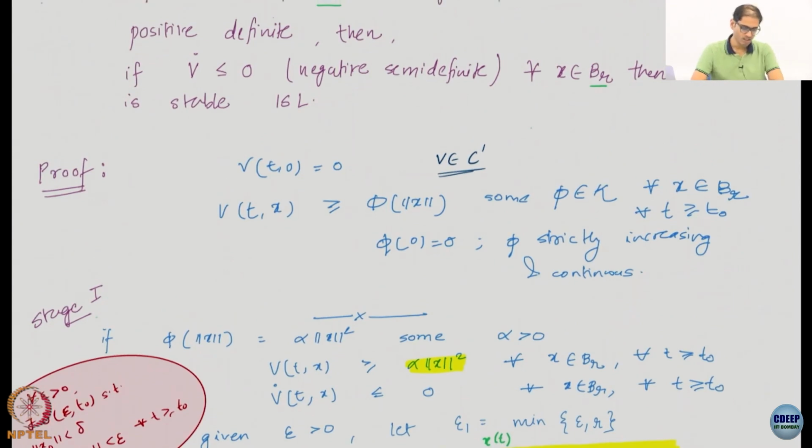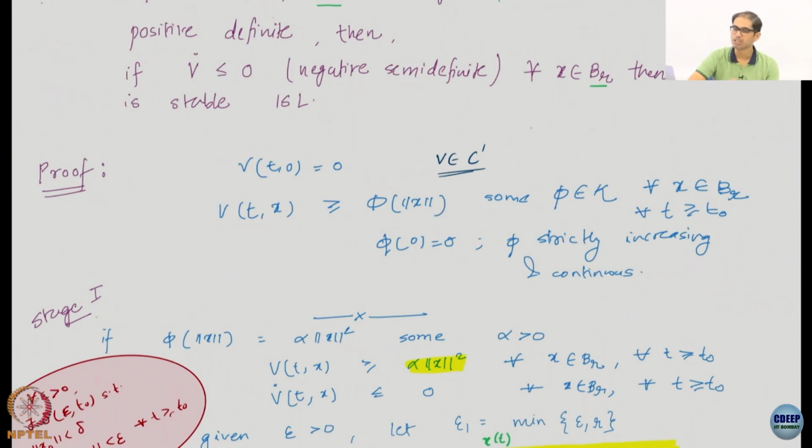What does it mean for V to be positive definite? It means that V of the initial condition 0 is 0, V is C1, this is already part of the assumption. Then positive definiteness requires that V dominates a class K function of norm of x.